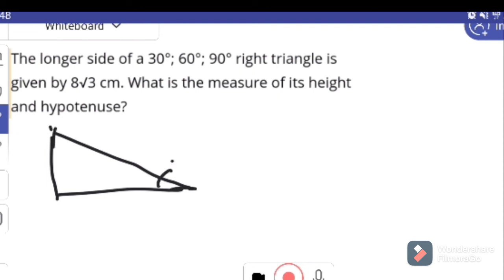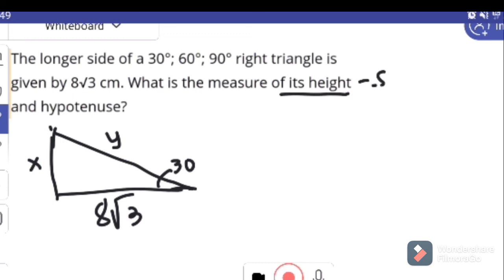This is a 30 degrees. So we have this as our shorter leg and the longer leg, which is given, is 8 square root of 3. Now, we are also going to find the hypotenuse. Again, X is the height, which is the shorter leg, and the hypotenuse is our Y.